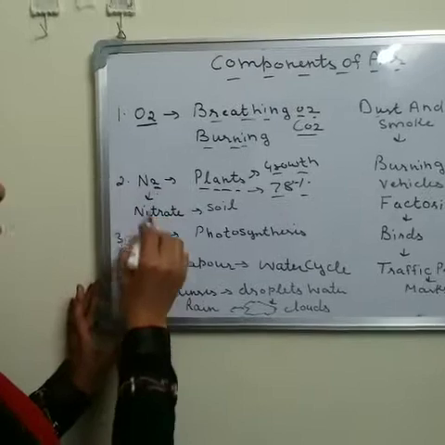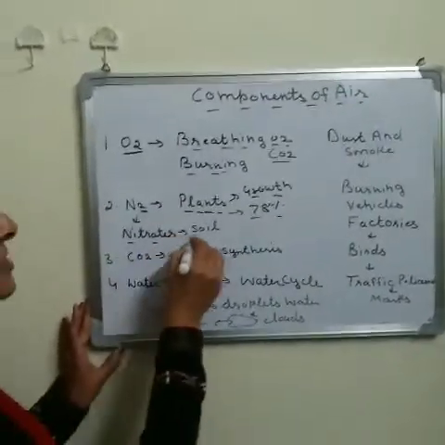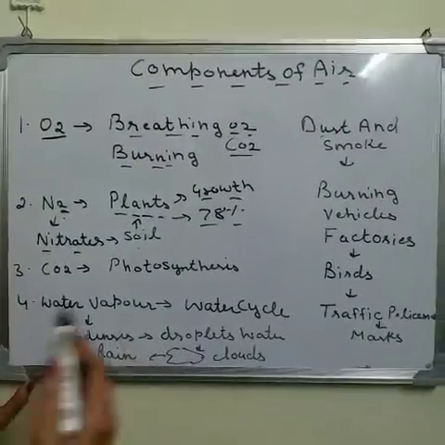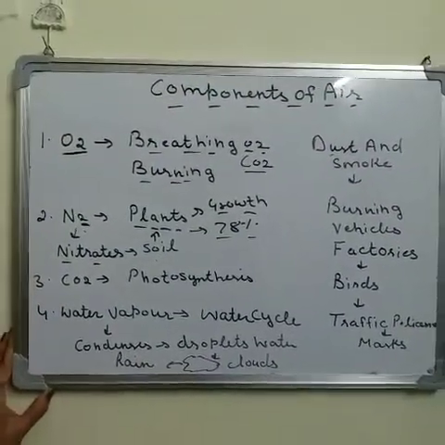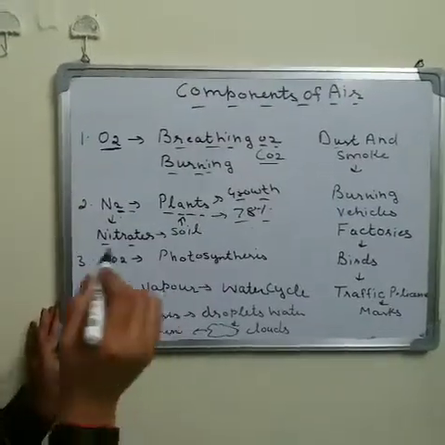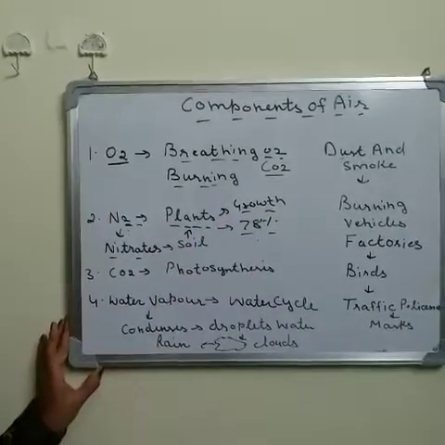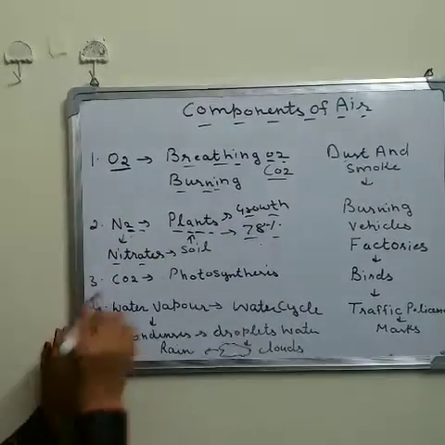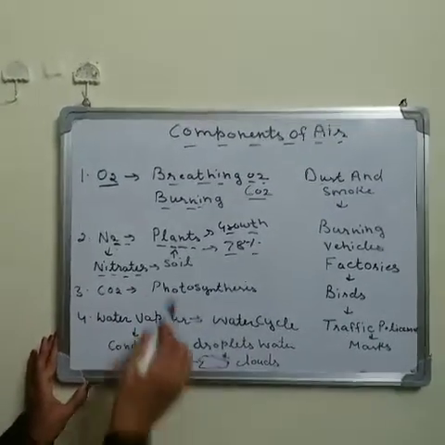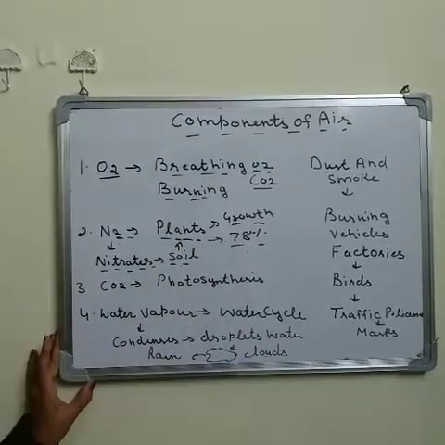First of all, nitrogen converts into its nitrate form, and then these nitrates are absorbed by the plants for their growth and for the preparation of protein. So nitrogen, the main component of air, is used by plants in the form of nitrates, which they absorb from the soil.